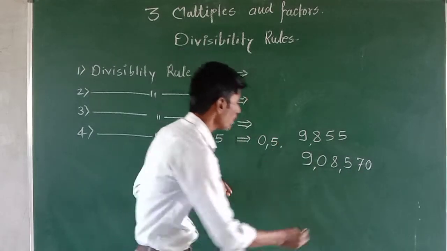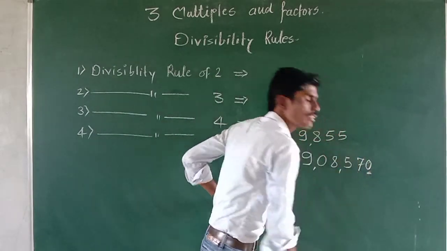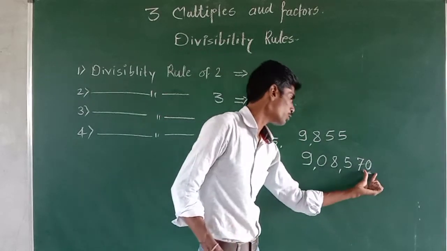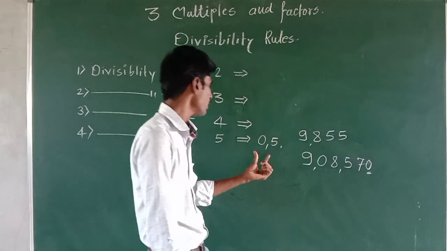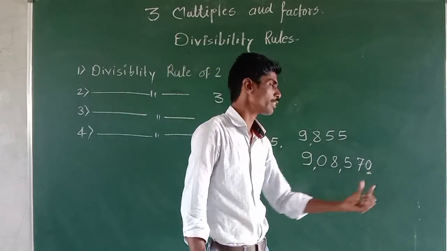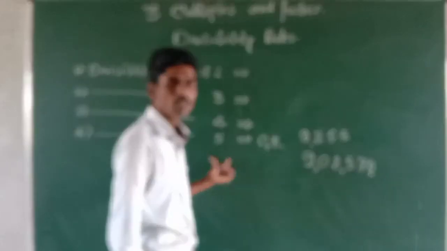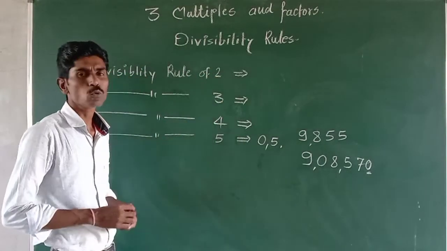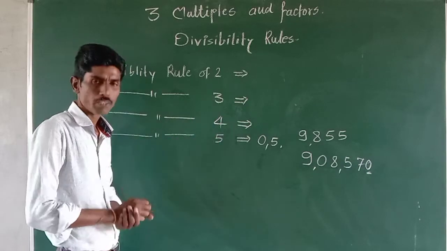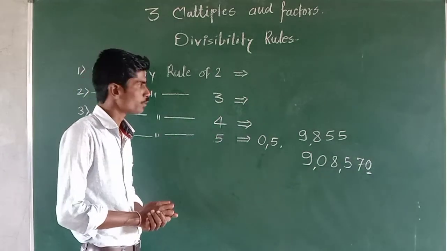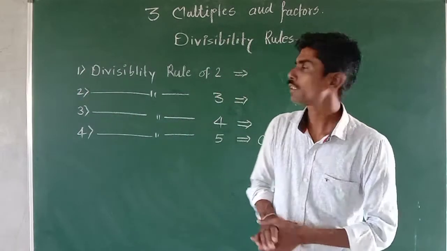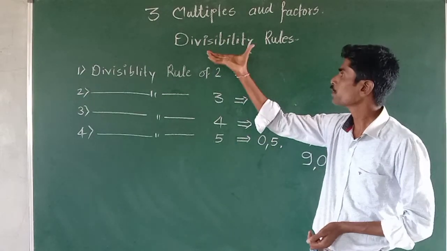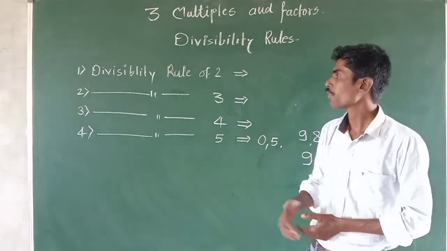Its last digit is 0 on the unit place, and that's why 9,08,570 is exactly divisible by 5. This is the divisibility rule of 2, 3, 4 and 5. In this way we can check the division of any number with the help of these divisibility rules.